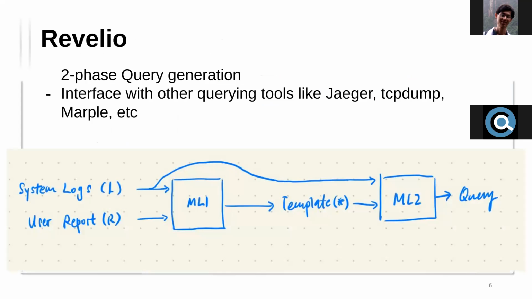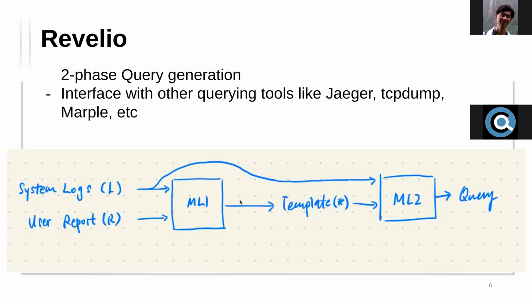Okay, so this is the solution that they come up with. It's called Revelio, and it is a two-phase query generation ML model. What happens is that they take in the system logs and the user report, and then they split the process into two parts.